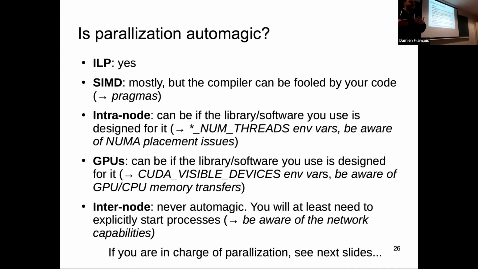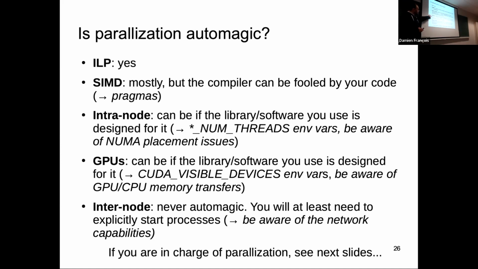Most of the time they will be written in a parallel way. But even then, you will need to make sure that the environment holds the correct variables so that the library or the program is aware of the multiple CPUs it has access to.